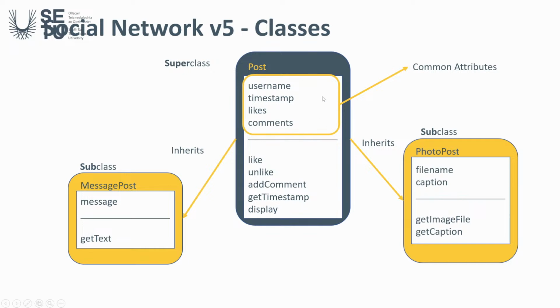These are our common attributes. So message post and photo post will both have username, timestamp, likes and comments, but the code that deals with them is all going to be in post. Our subclass inherits the superclass's attributes and adds its own specific attributes.